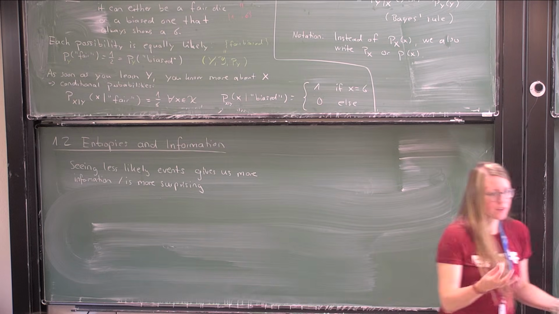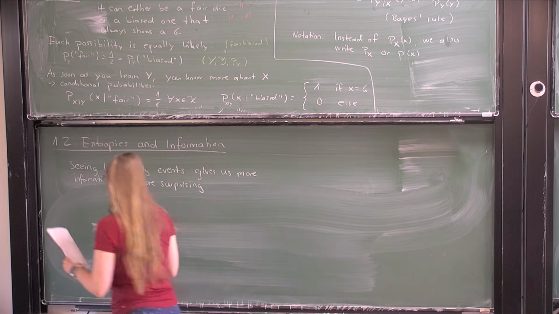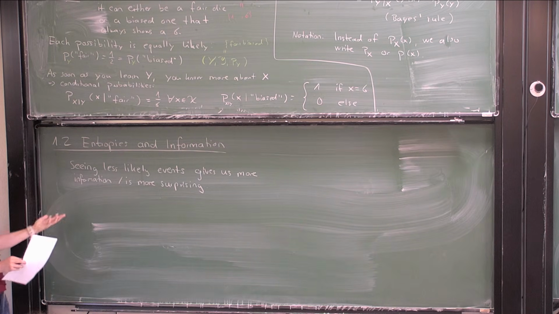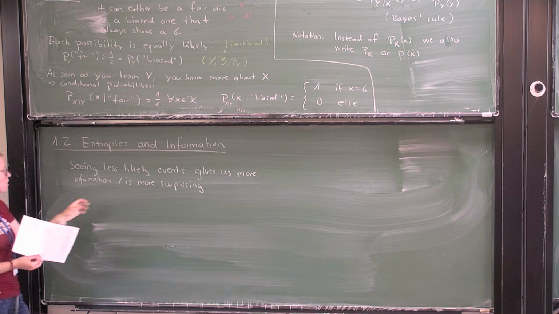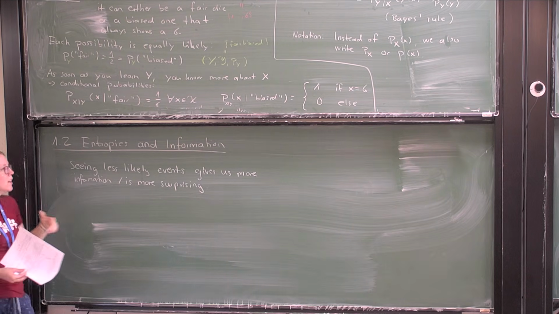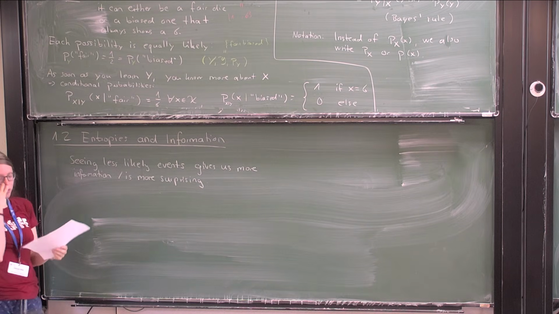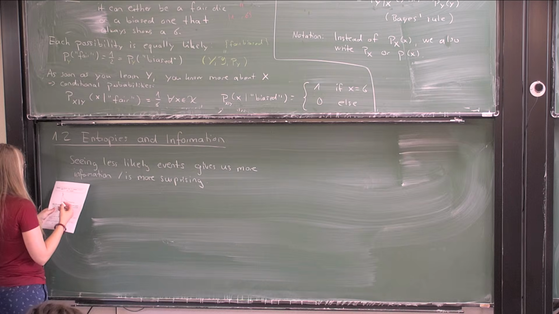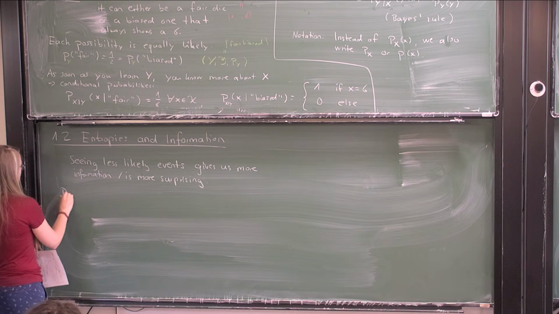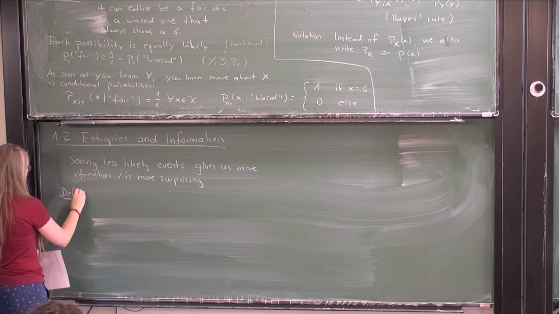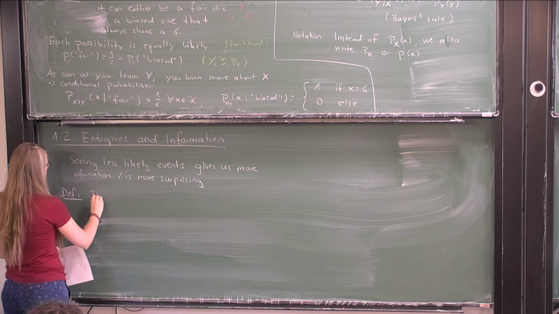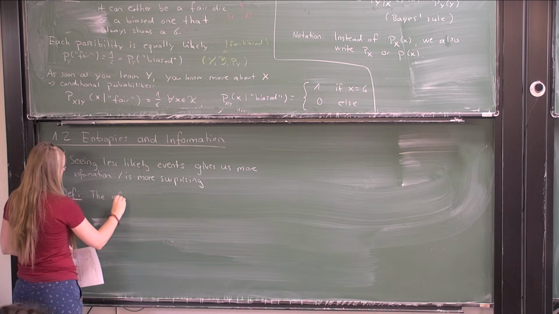Now I want to capture this with numbers, so to come up with a function that assigns a number that quantifies the surprise or the information, given the realizations of our experiment. I'll give you a definition called the information content of a realization.